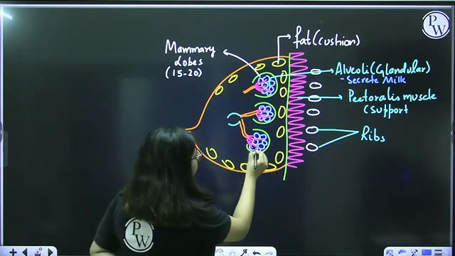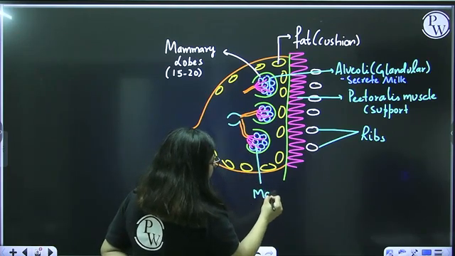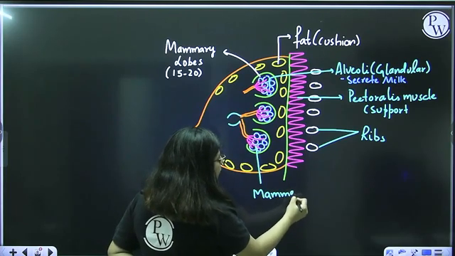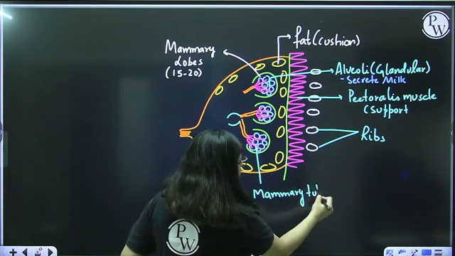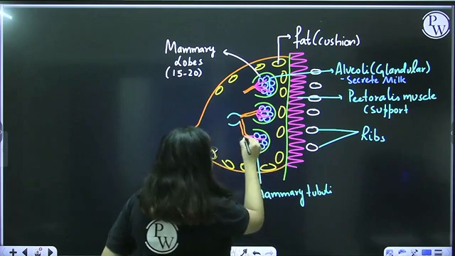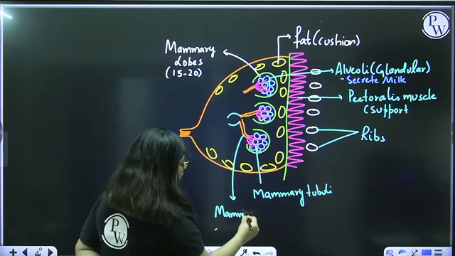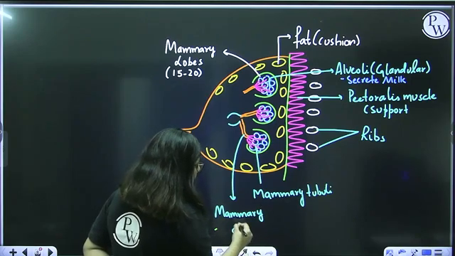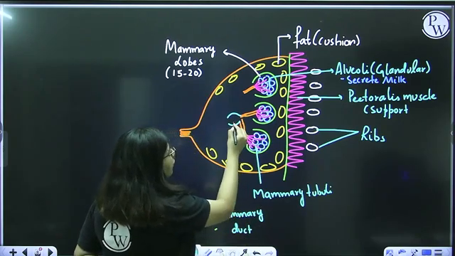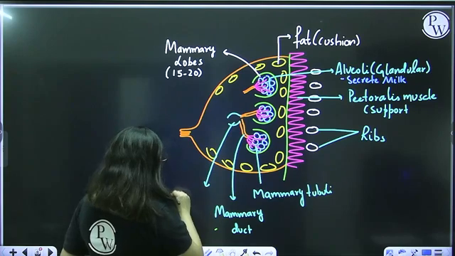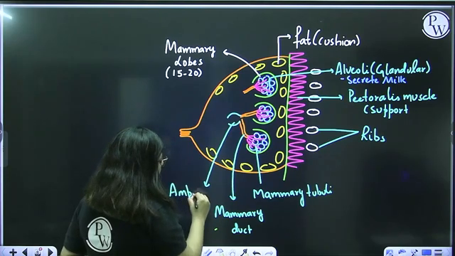This was mammary tubules. Mammary tubules arise from each alveoli. All mammary tubules together form the mammary duct. This mammary duct will open into this swollen structure known as ampulla.